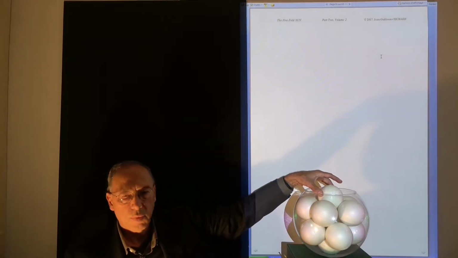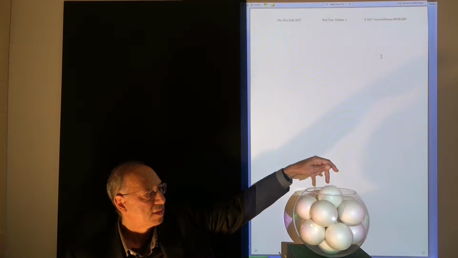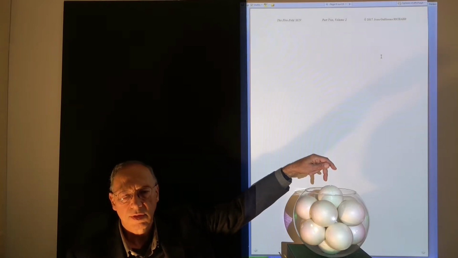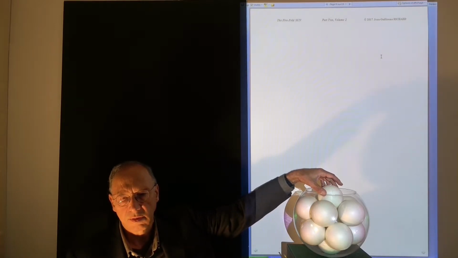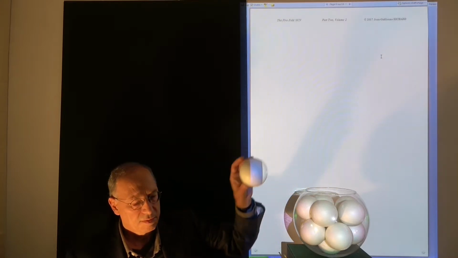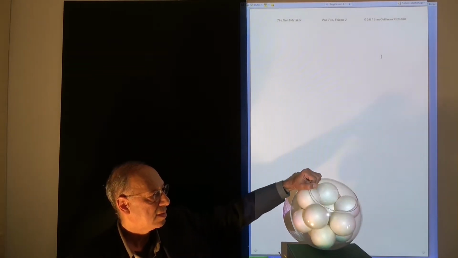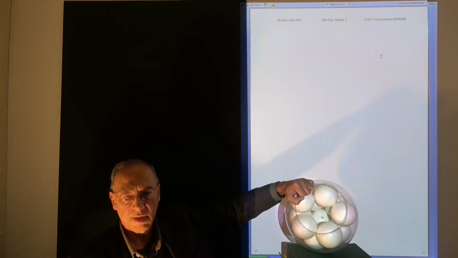Here is a polar, north polar ball in as much as its center is aligned with a vertical axis, which we can interpret, for instance, as a rotation axis. And if we remove this ball, we see that inside this arrangement we have a cavity.